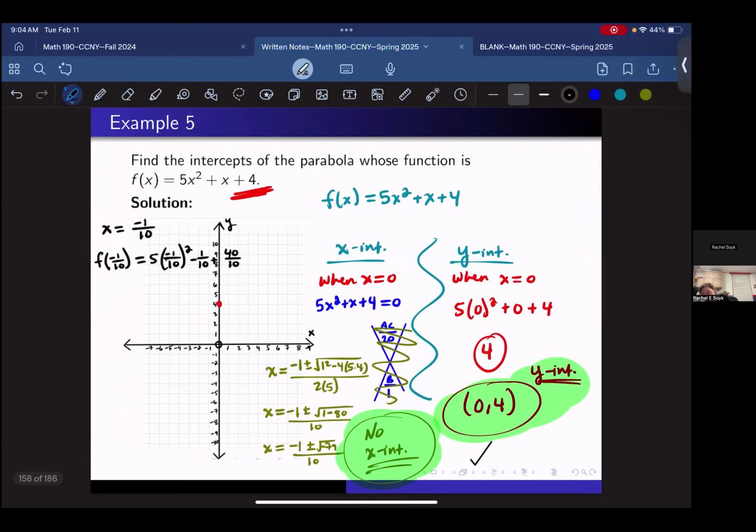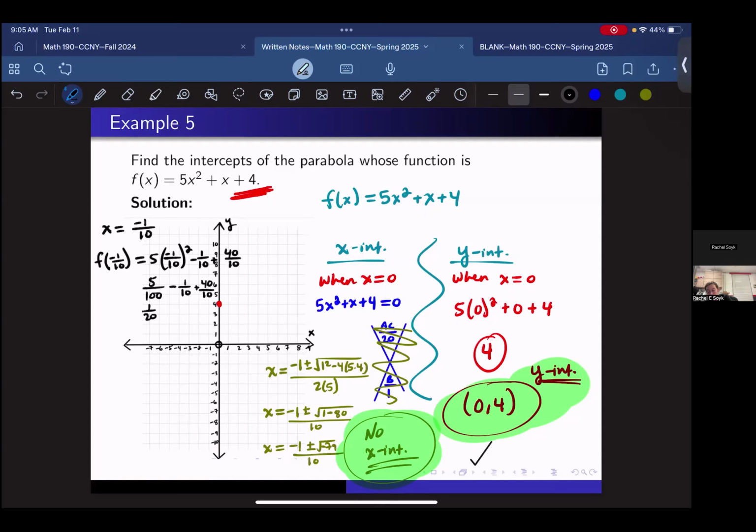So we're looking at 1 over 100, which is really 5 over 100, minus 1 over 10 plus 40 over 10. 5 goes into 100 20 times, so this is really 1 over 20. And then 40 minus 1 is 39.